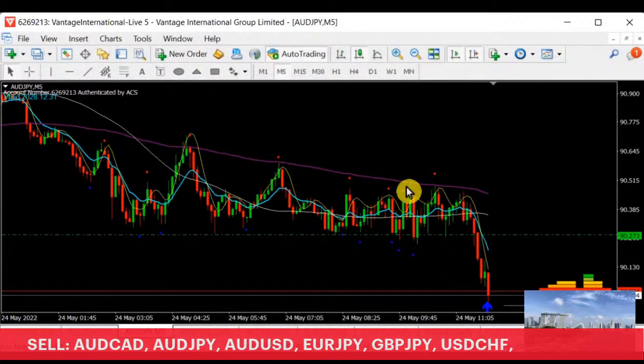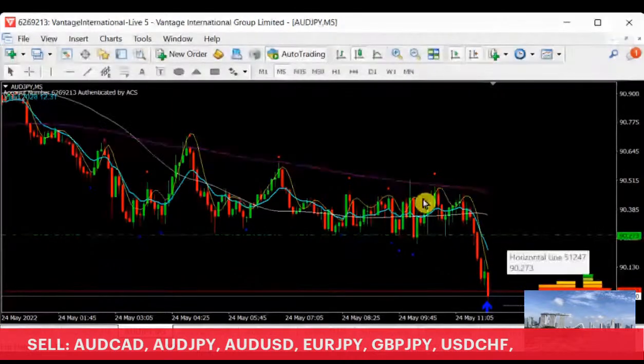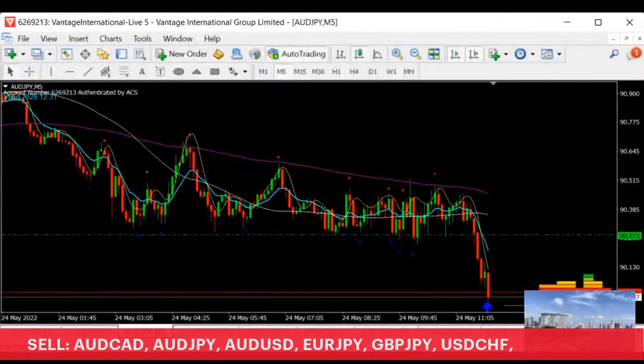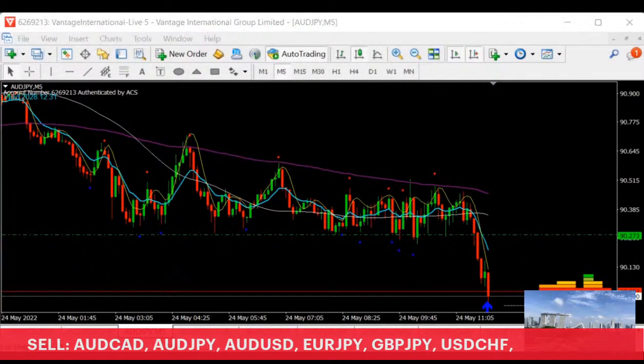This Aussie Yen also, there's one thing, it actually retraces upwards. Then this Aussie Yen, another one that it breaks.